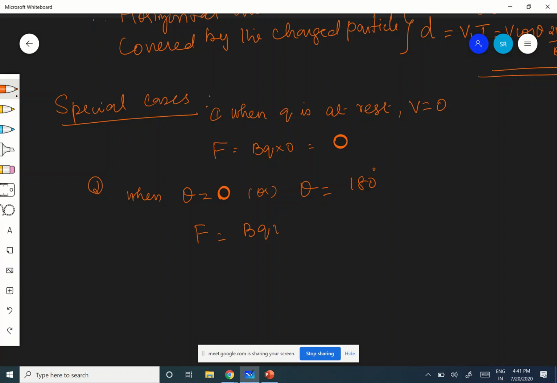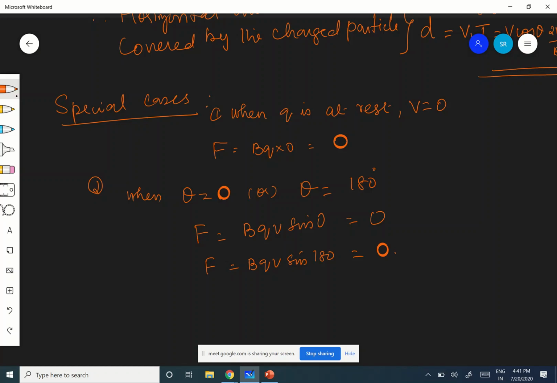F is equal to BQV sine 0, which is equal to 0, or F is equal to BQV sine 180, which is also equal to 0. So, it will not experience any force.